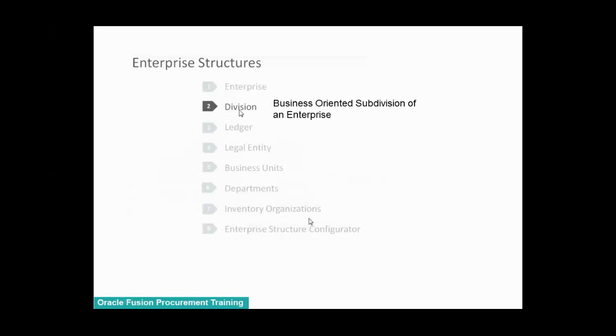If you take GE, GE is into electricals. GE Electrical is a division. GE Construction is a division. GE is an enterprise, and whatever businesses GE is doing are called divisions.